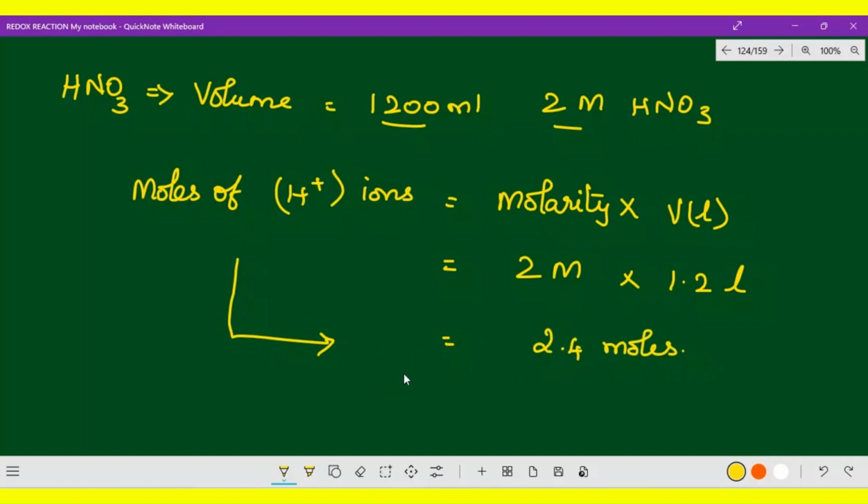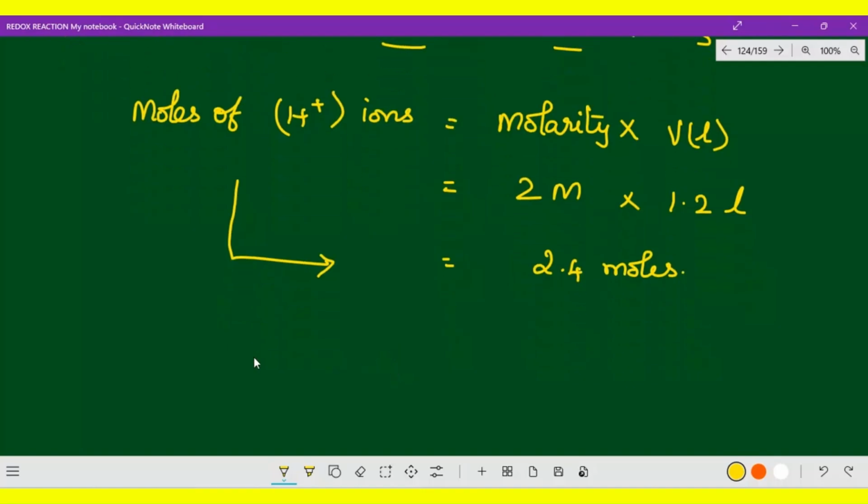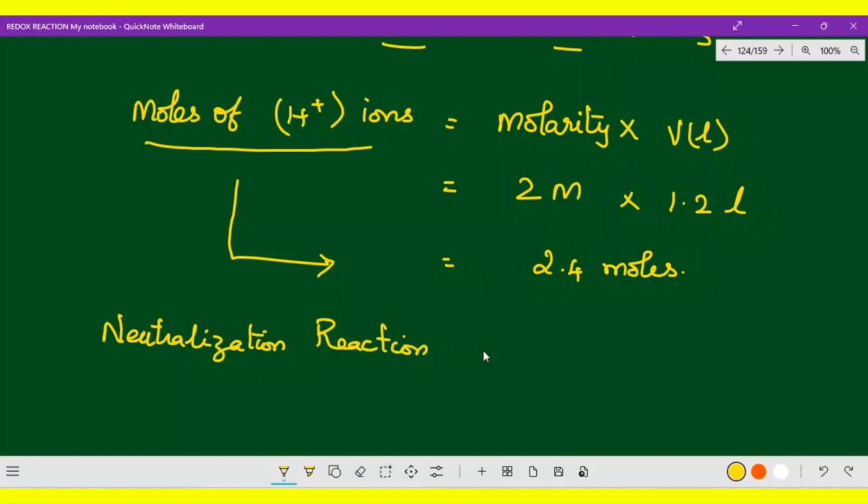Right, so here it is a neutralization reaction. The number of moles of H plus ion and the number of moles of OH minus ions: acid and base are neutralized, right? So H plus ion plus OH minus ion.